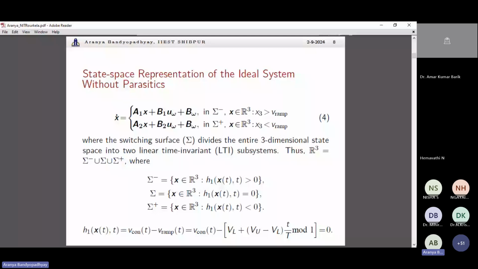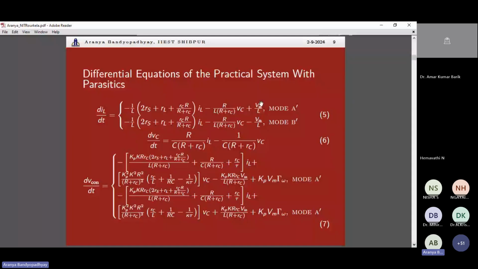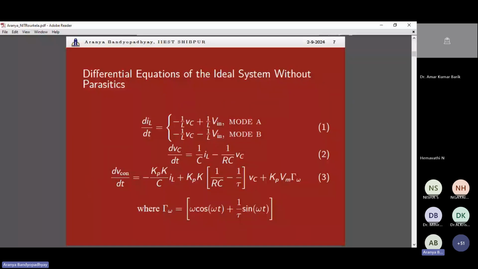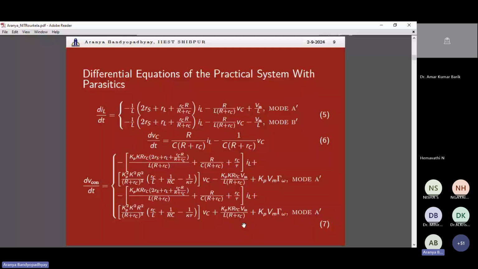Now, just take a look at the differential equation of the ideal system without parasitics, and now take a look at the same system when the resistive parasitics, switch turn-on resistance, DC resistance of inductor, and ESR of capacitors have been incorporated. Can you just appreciate the difficulty that entails when we are going for parasitic modeling, compared to idealized modeling? That I think you can do at this very initial stage.